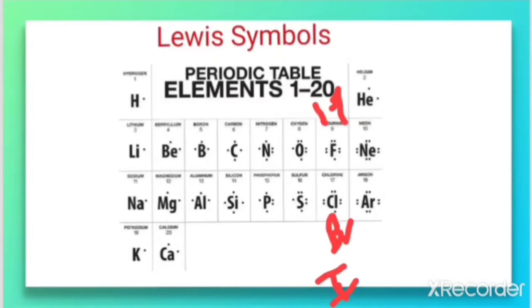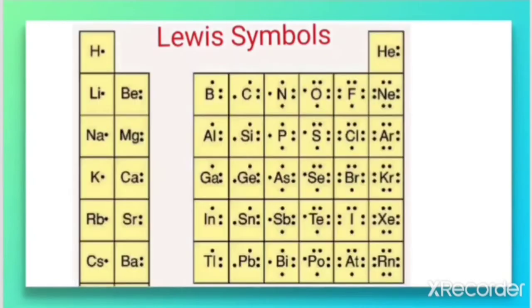Iodine belongs to group 17, so the valence electrons are the same as fluorine and chlorine, that is 7. You can compare this in the periodic table with the Lewis symbols. You can find that iodine has 7 dots, that means 7 valence electrons.